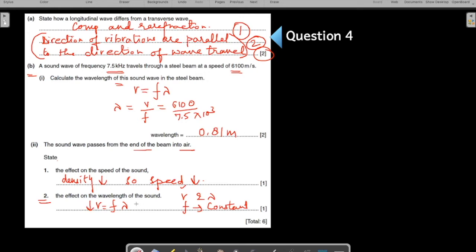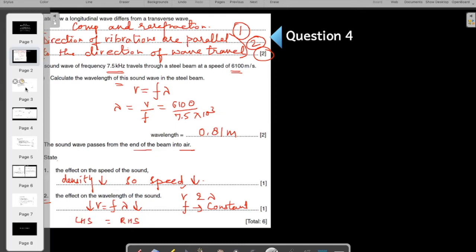If the speed is going down, the wavelength also has to go down so that the left hand side remains equal to the right hand side. To maintain the wave equation true, because frequency is constant, whenever the speed goes down, the wavelength of the same waves goes down so that the left hand side remains equal to the right hand side.